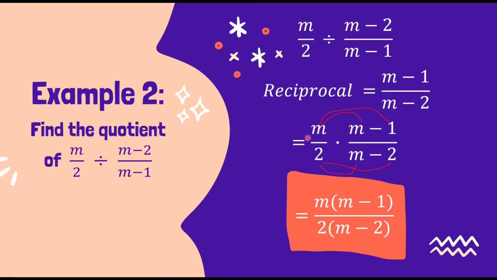So, since ganito ang ating given, our final answer will be m times m minus 1 over 2 times m minus 2. Okay? So, I hope clear sa inyo ang example number 2. So, kaya hindi natin siya i-multiply isa-isa kasi kahit i-multiply pa rin natin siya, ito pa rin ang magiging answer niya kasi ilalagay pa rin natin siya in lowest term.